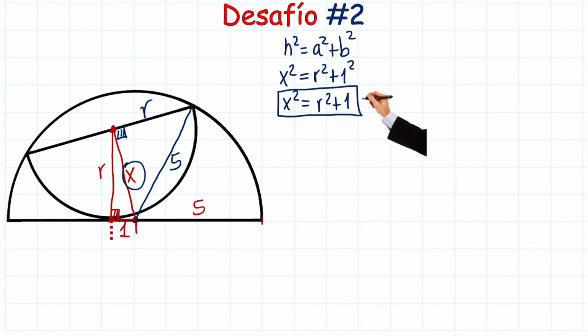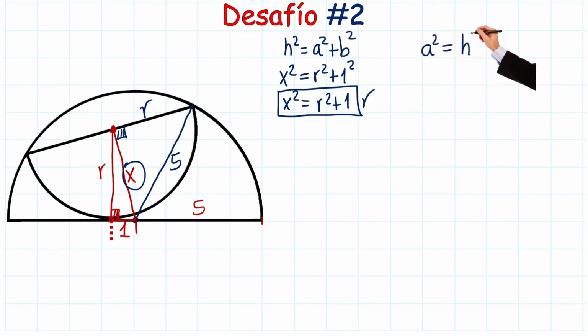And we're going to see if we can find this same x with this other triangle. We can, can't we? In this case, of the blue triangle, x is no longer the hypotenuse, but becomes one of the 2 sides. The hypotenuse is this one here, measuring 5. So we're going to find one of the sides using Pythagoras. According to Pythagoras, one side squared equals the hypotenuse squared minus the other side squared.